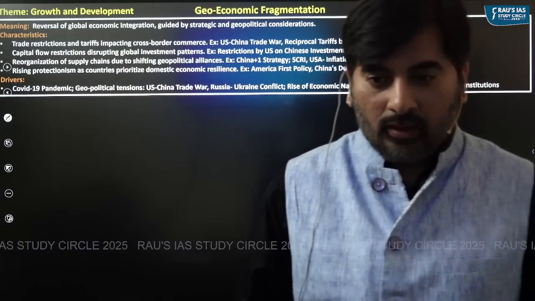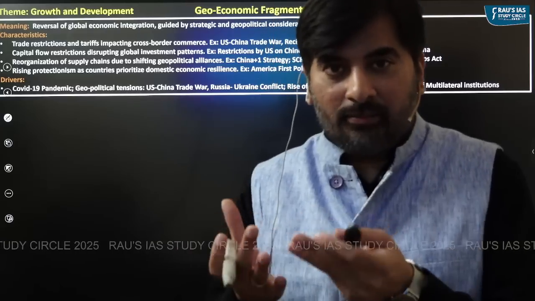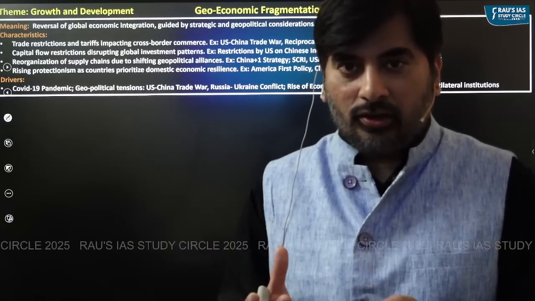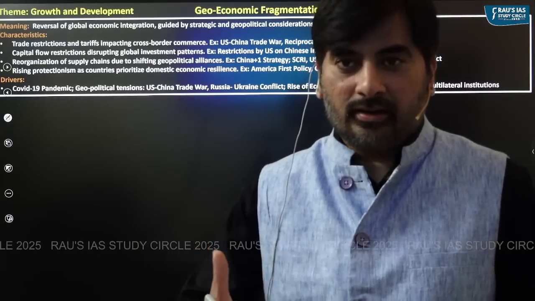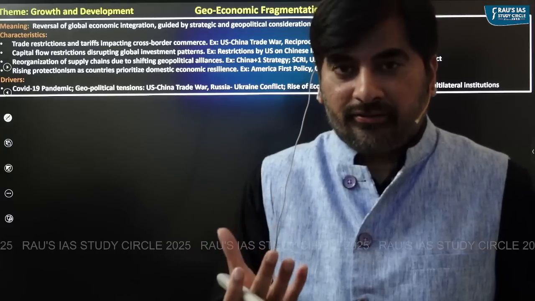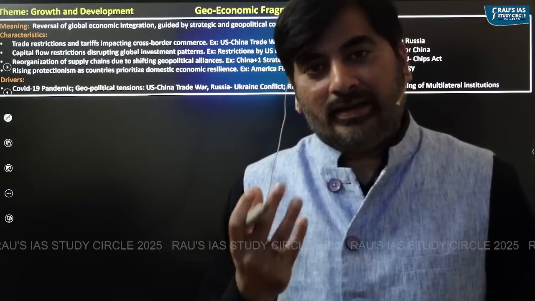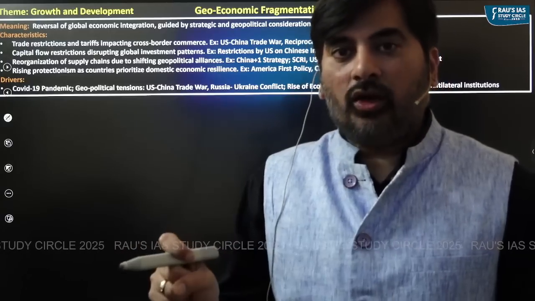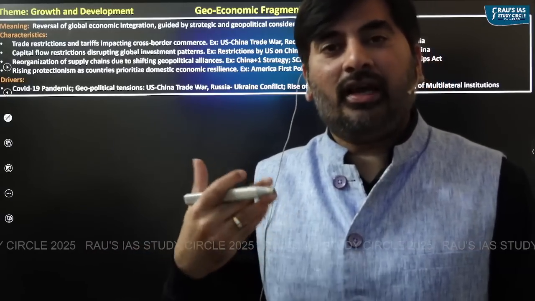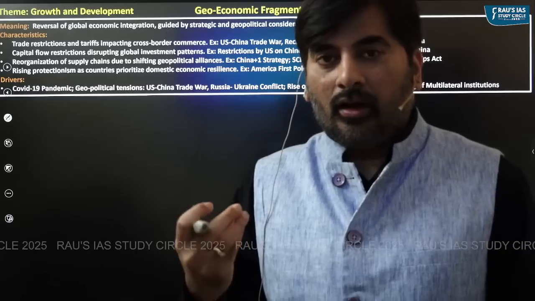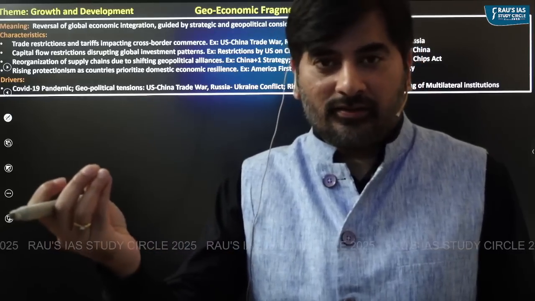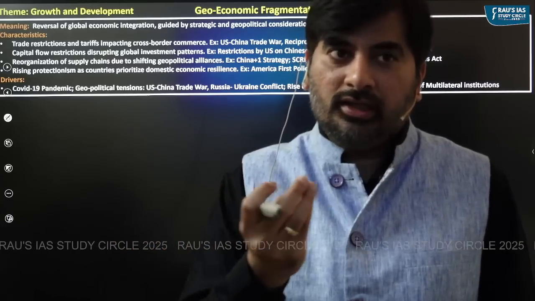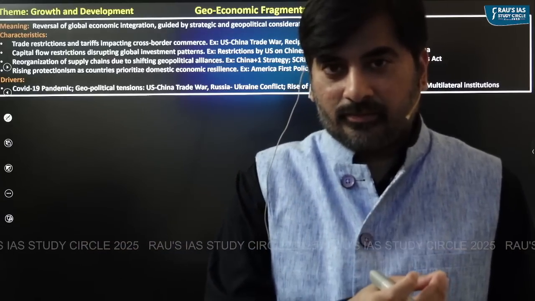For example, the dispute settlement mechanism under the WTO has become defunct and it is not capable enough to handle trade disputes. So in the wake of the geo-economic fragmentation that we are witnessing, what are India's challenges and how should we deal with those challenges?